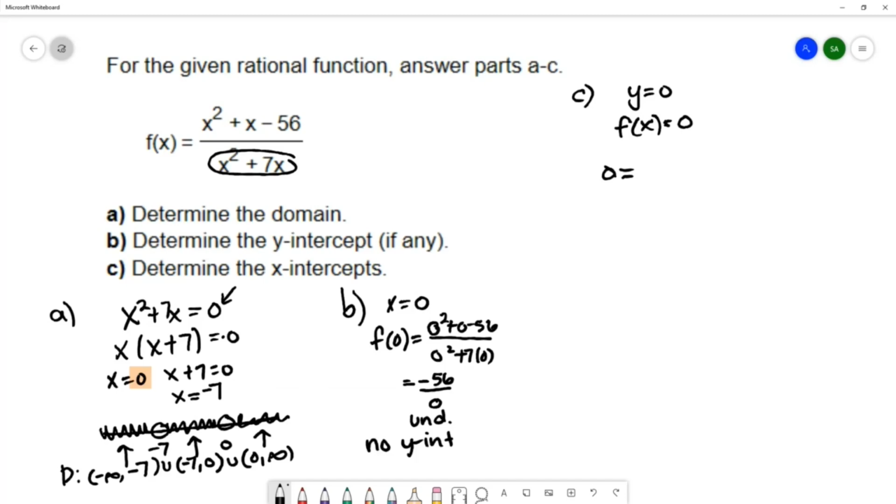We have 0 equals x squared plus x minus 56 over x squared plus 7x. To solve this, we would multiply both sides by the denominator, x squared plus 7x. And this is going to clear the fractions. So we have that denominator canceling out, and then on the left-hand side, 0 times x squared plus x is 0.